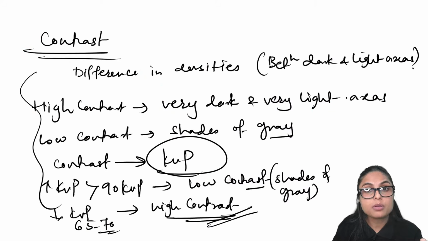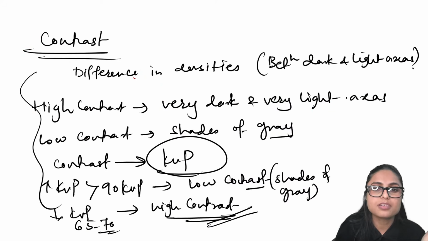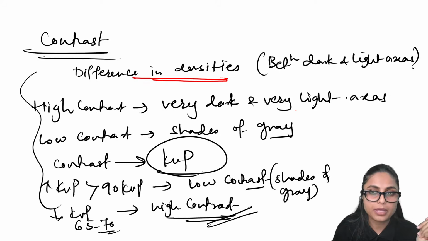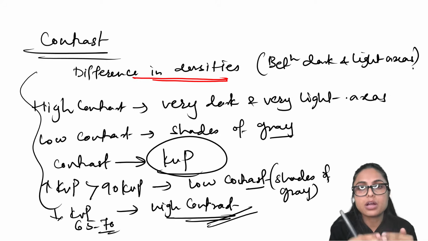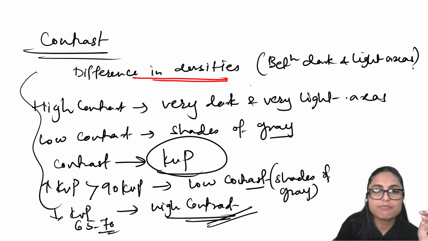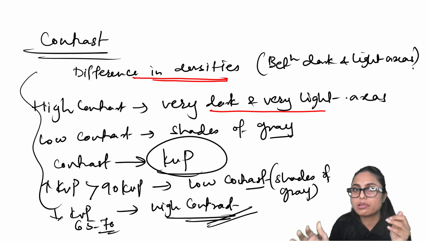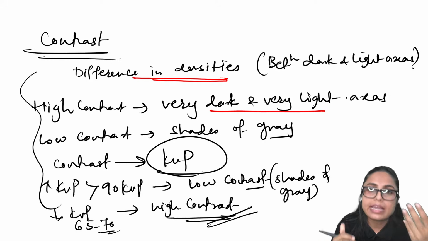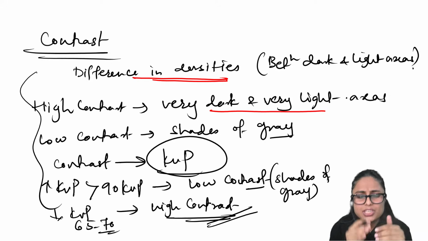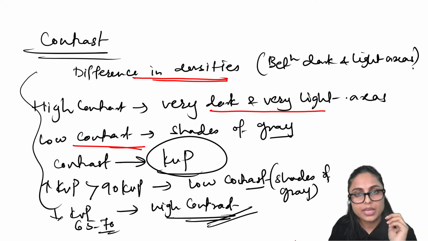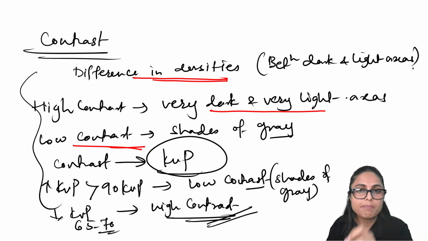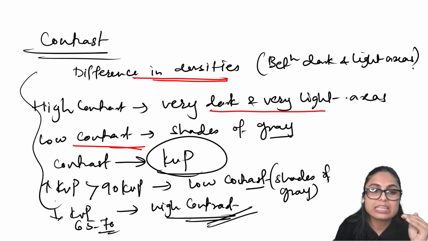Contrast is just a difference in densities. A high contrast radiograph has very dark and very light areas. If you have many shades of gray in the radiograph, it is a low contrast image. Contrast depends on kVp.